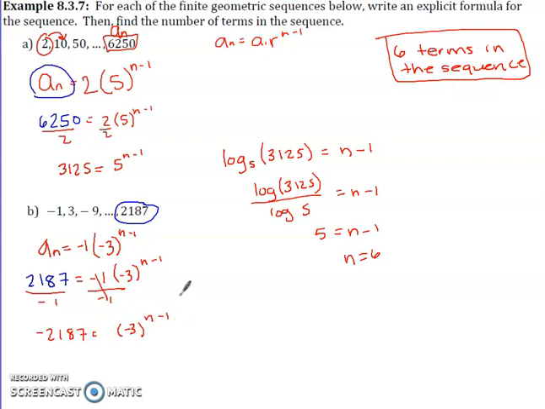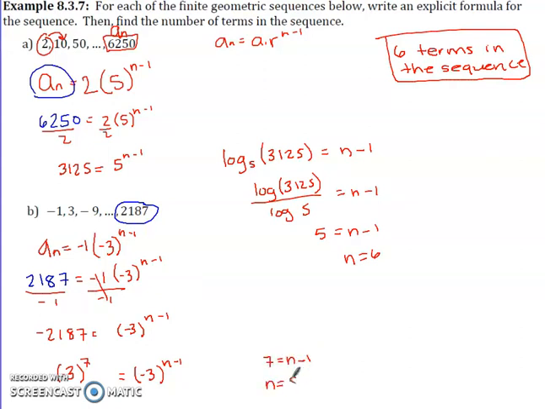And I'm actually going to use a slightly different approach here than what I did before. I'm going to write 2,187 as a power of -3, so that my bases on the left and the right-hand side are going to match. So -3 to the power of 7 is going to be that -2,187. Now that my bases are equal, I know my exponents must be equal.